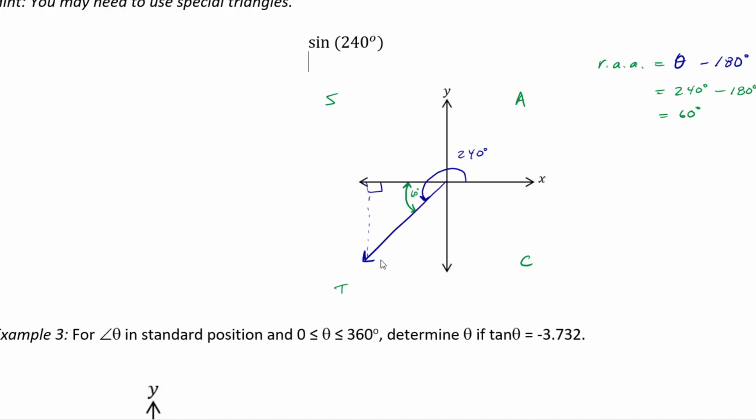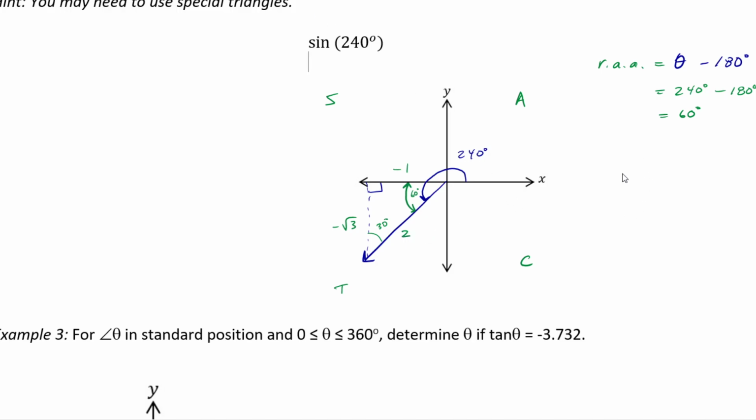And I'll try and draw it super small. This one over here is 30 degrees then, which means I have a special triangle. This y value going down right here is negative root 3. This x value going in the left direction, which means that it is on the negative side of the x-axis, is negative 1. And the r value is always positive, and that is 2.